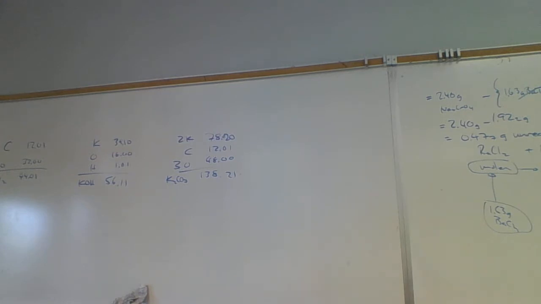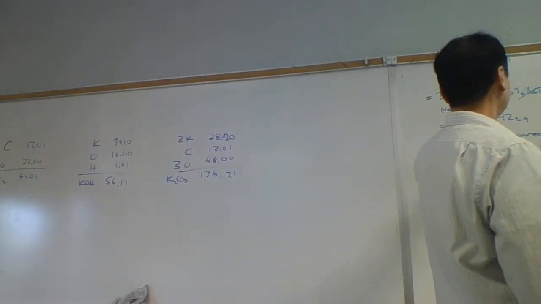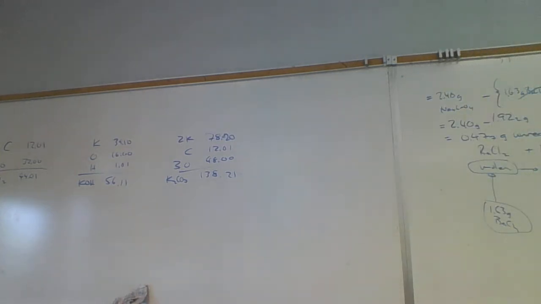The molar mass of barium chloride is 208.23. All right. That means I screwed up that calculation. If barium chloride is 208, then it's going to change it. So rather than consuming 1.92 grams, we consume 1.27 grams.